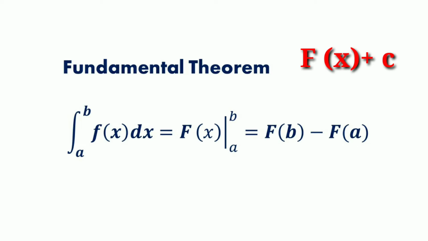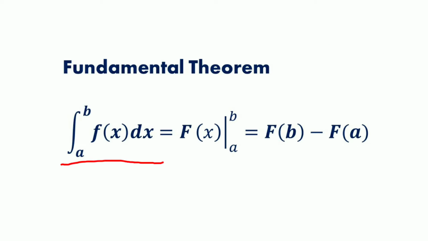Since c is common in both places, the constant of integration is eliminated in the subtraction. So the integral from a to b of f of x dx is equal to F of x evaluated at the upper limit b and lower limit a, which is equal to F of b minus F of a.